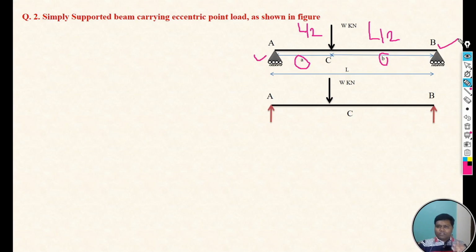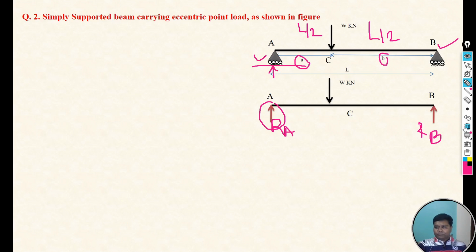A roller support has one support reaction, which is always perpendicular to the roller. That's why we consider RA support reaction at A point vertically, and RB support reaction at B point, which is also vertical. Why? Because the plane of the roller is horizontal, and the support reaction acts perpendicular to the plane of the roller.